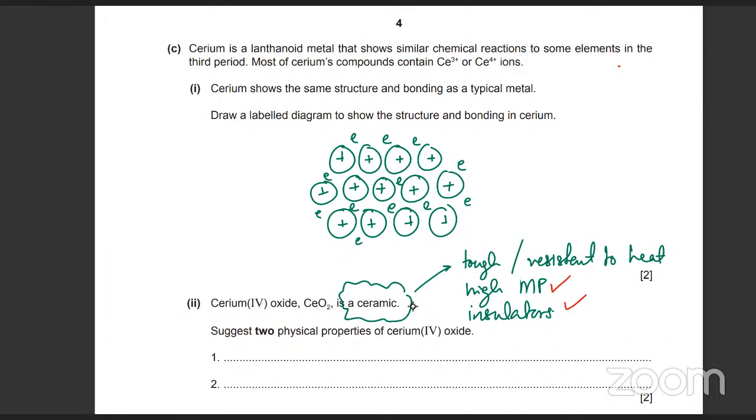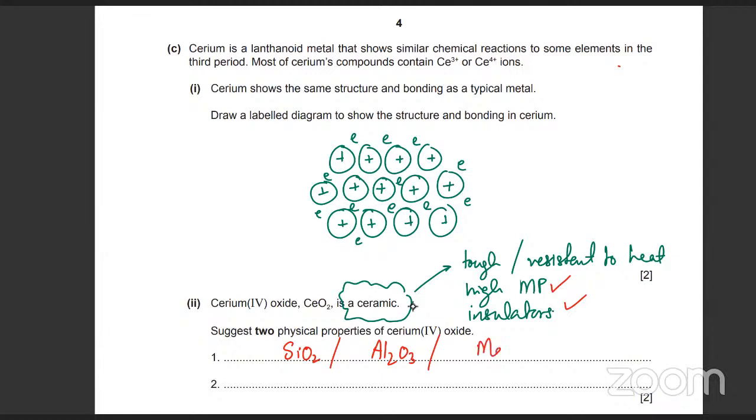So the two properties would be this one. The ceramics that you should know of are SiO2. I mean, that's not the answer, but silica is a ceramic. You make ovens out of clay. There's Al2O3, which is used very often in high power transmissions for holders. Like if there's a transformer, you're going to make it out of Al2O3.